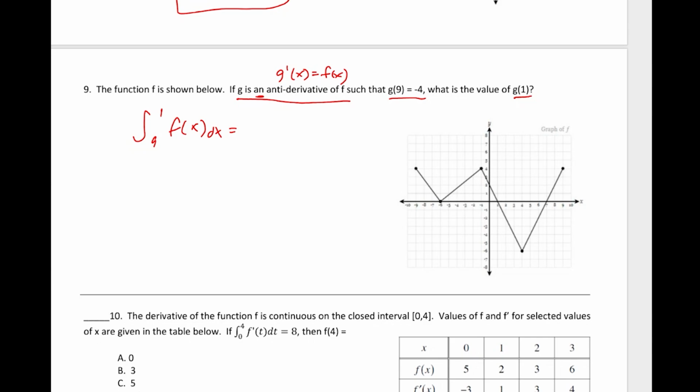So the integral from 9 to 1 of f of x dx is g of 1, because g is the antiderivative of f, minus g of 9.